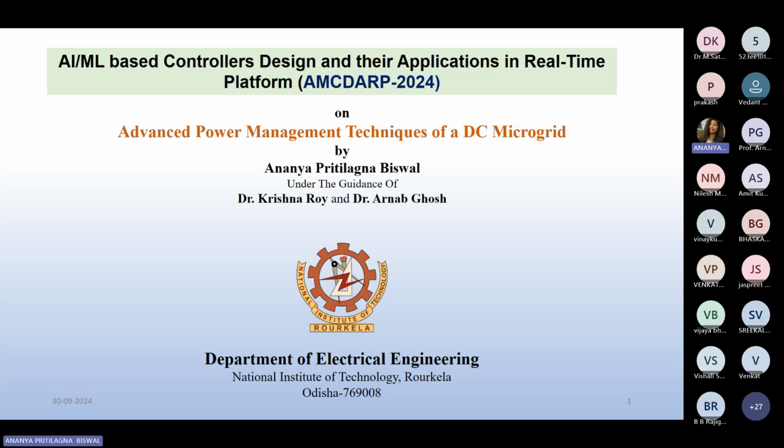I am currently working as a research scholar under the supervision of Professor Krishna Roy and Professor Arnab Ghosh. Before proceeding, I would like to inform you that it is a conceptual based and also a laboratory based session.